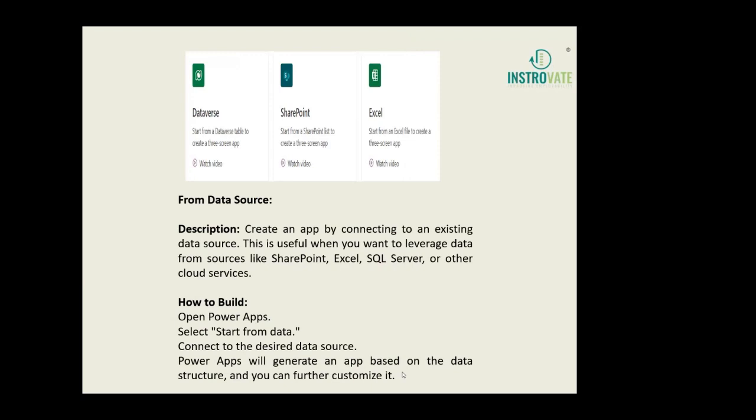You can go for Dataverse, SharePoint, Excel, and many more. For that also, when you open Power Apps, in the UI you will get the option to start from the data source. For that you just need to connect the data source where you have stored the data.